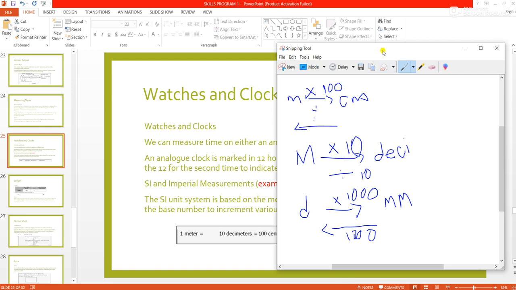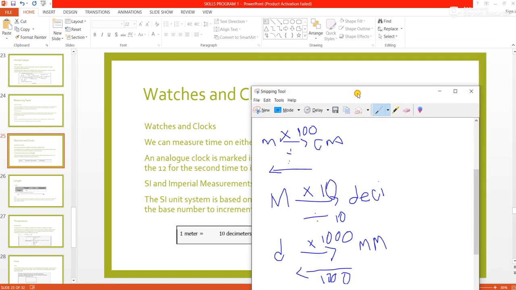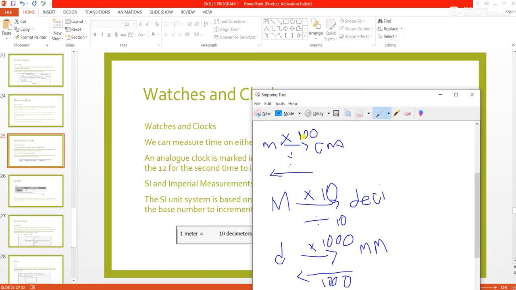So the standard formula for that, let's take for instance 1 meter. 1 meter is equal to 100 centimeter. So let's say for instance we were given 5 meter, and we were required to convert that into centimeter.